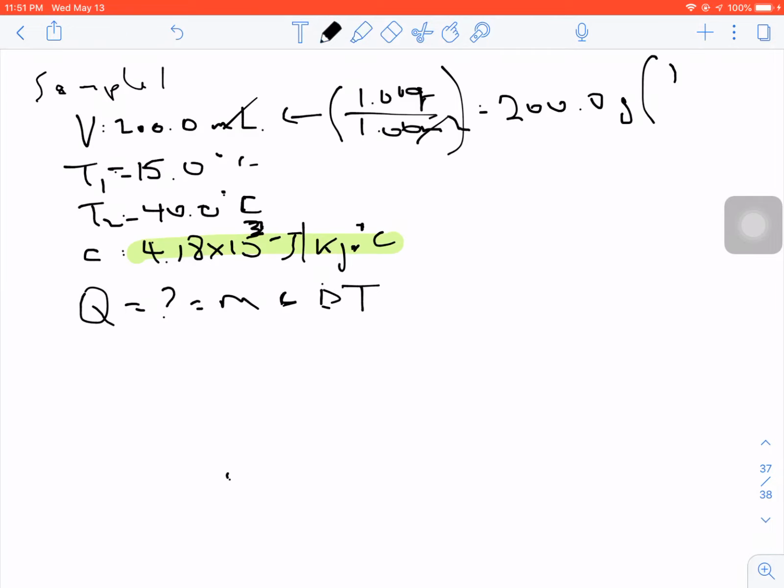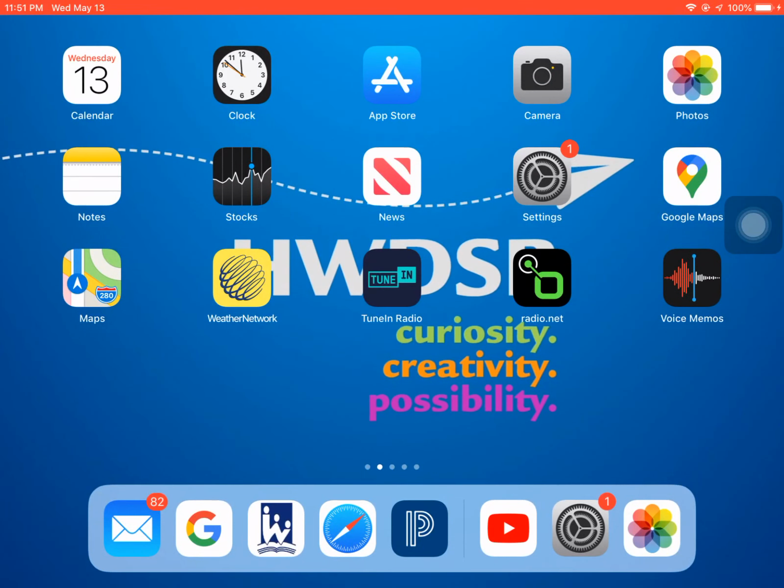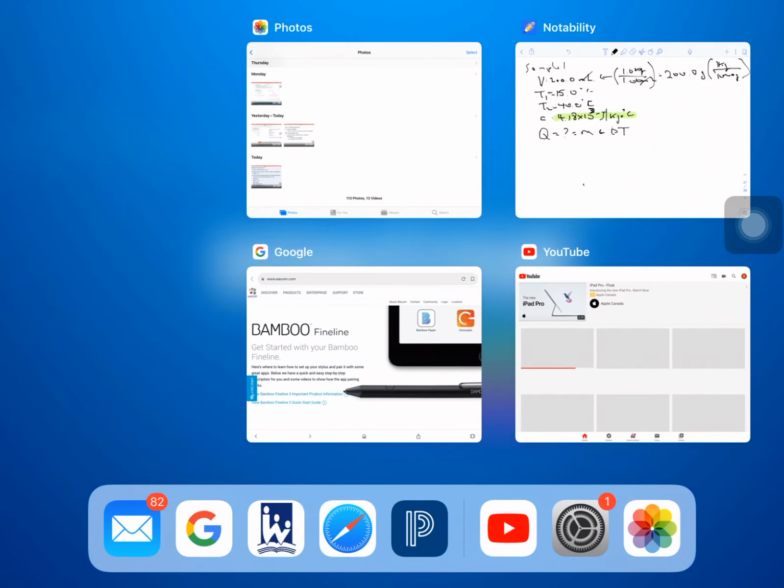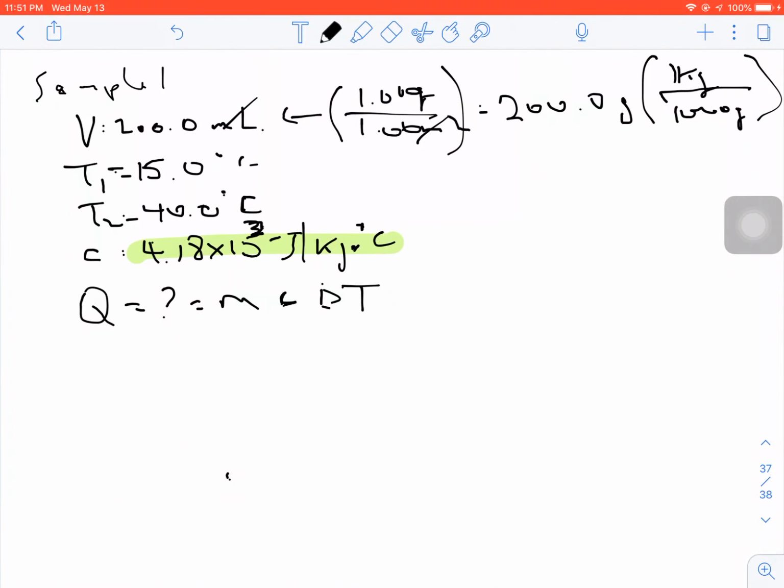So if a kilogram is the same as 1,000 grams, then my grams will cancel and I will end up with 0.2000 kilograms. Okay, so there's my mass.